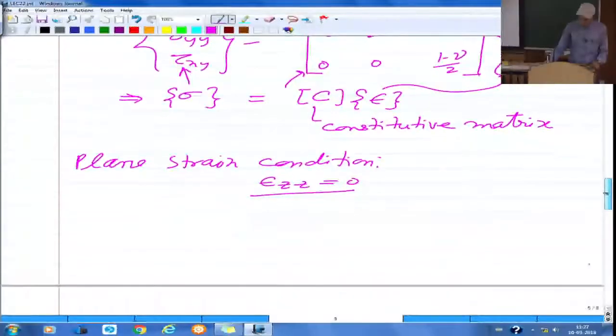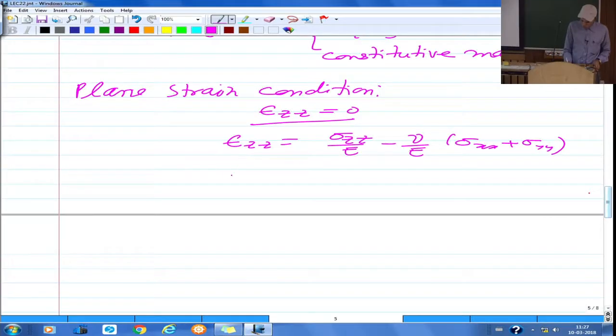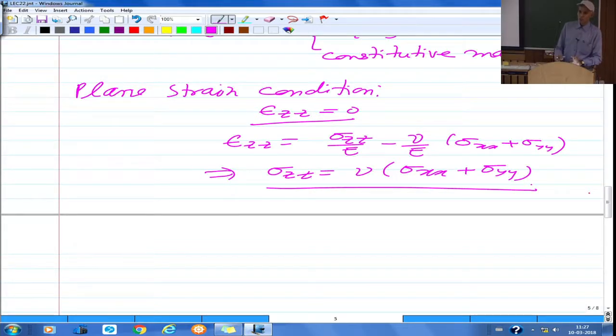From the third equation, where epsilon zz is equal to sigma zz upon E minus nu upon E times sigma xx plus sigma yy, since epsilon zz is 0, sigma zz is going to be nu times sigma xx plus sigma yy. In the plane strain case, epsilon zz is 0, sigma zz is non-zero, but sigma zz is not independent. It is written in terms of sigma xx and sigma yy.